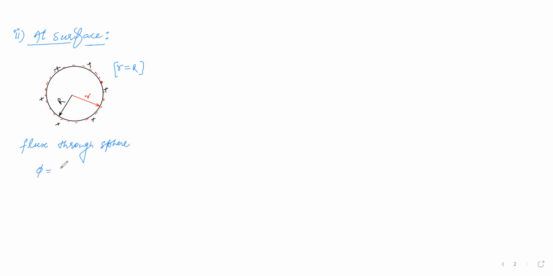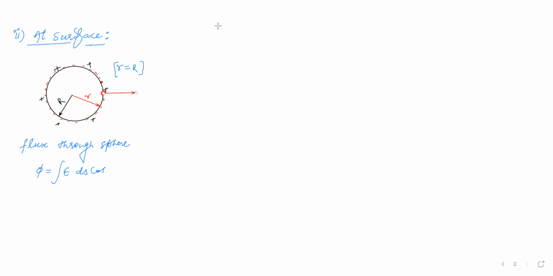What is the flux through a sphere? It is again phi is equal to integration of E dot ds cos theta. What will be the value of electric field? Suppose we are taking this area vector here, and the direction of the electric field is perpendicular to the surface, passing like this, because it is a positively charged sphere.